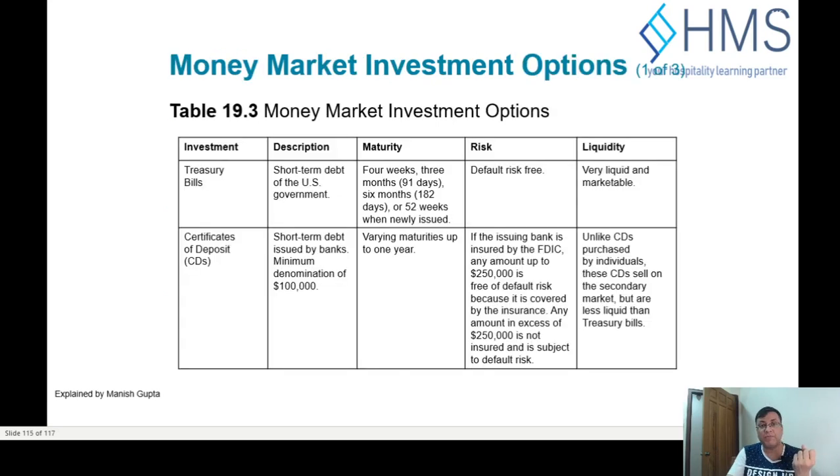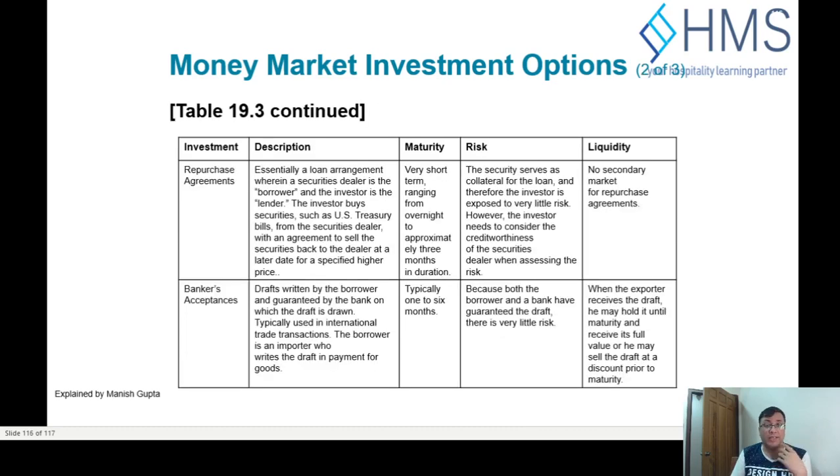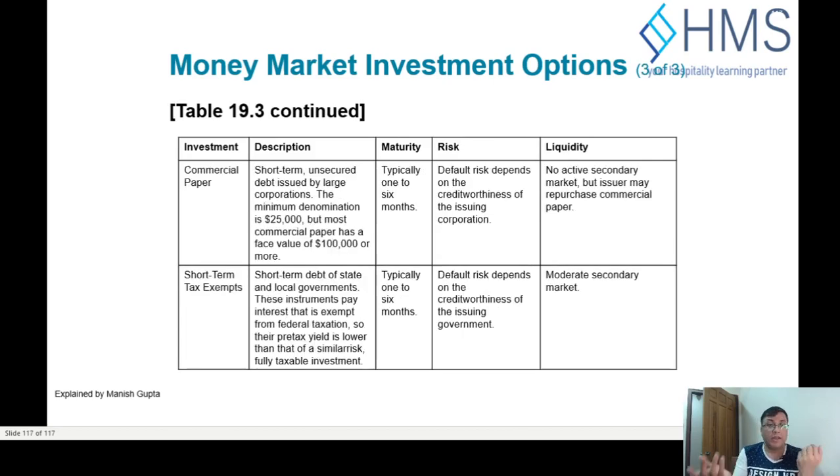That's very simple. There are certain money market options that you can invest in. In the US, you have treasury bills and certificates of deposit in the bank. You can keep the money in the banks, and you can have a banker's acceptance, or repurchase agreements, and you may buy commercial paper, short-term tax-exempt debt, or other bills.